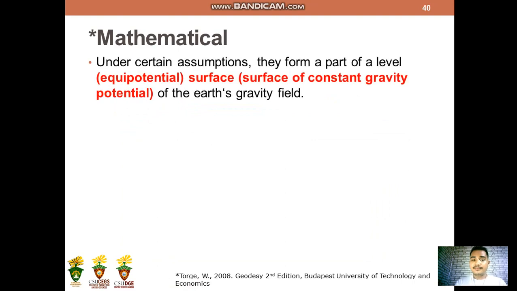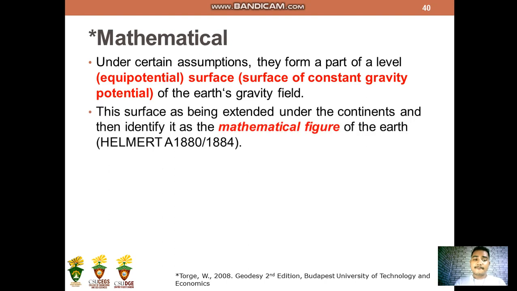For mathematical, under a certain assumption, they form a part of a level. So gitawag na niya is equipotential surface, or the surface of constant gravity potential of Earth's gravity field. So this surface is being extended under the continents and then identified as a mathematical figure of the Earth.